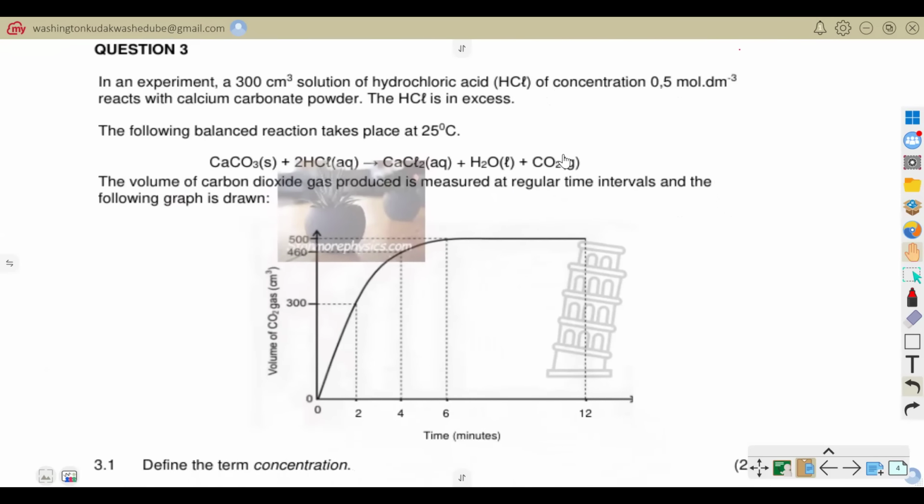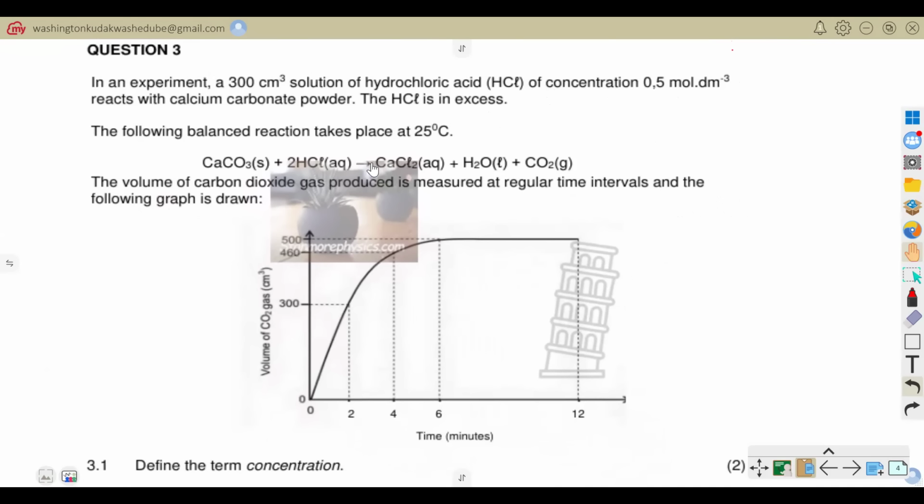And question number 3 is saying that in an experiment, a 300 cubic centimeter solution of hydrochloric acid of concentration 0.5 moles per decimeter cubed reacts with calcium carbonate powder. The hydrochloric acid is in excess.